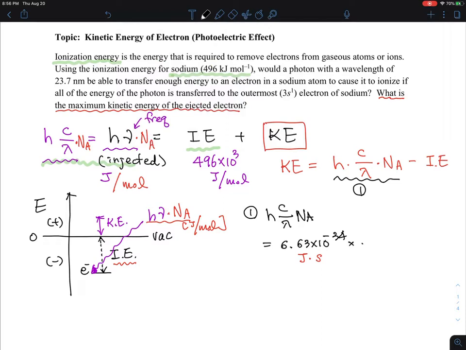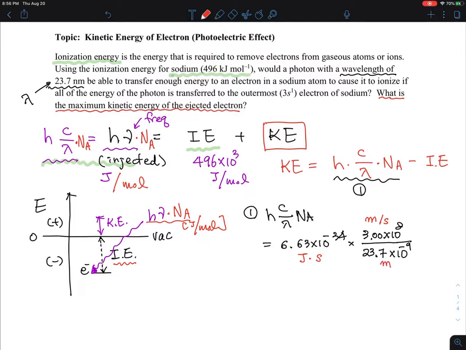The speed of light, c, is 3.00 times 10 to the 8, in meters per second. And we need the wavelength of the photon, lambda, which is 23.7 nanometers, and nanometer means 10 to the minus 9, in units of meters.